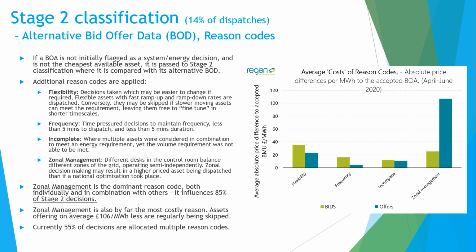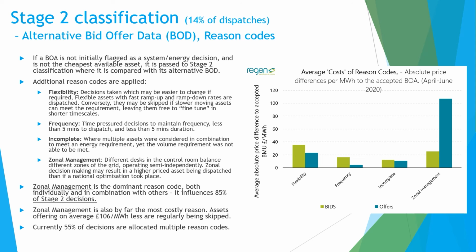So if we look here, we have an average cost of a reason code. So because we have an alternative action, we can compare the prices of those two actions, and zonal management is by far the reason with the highest average price difference in offers.